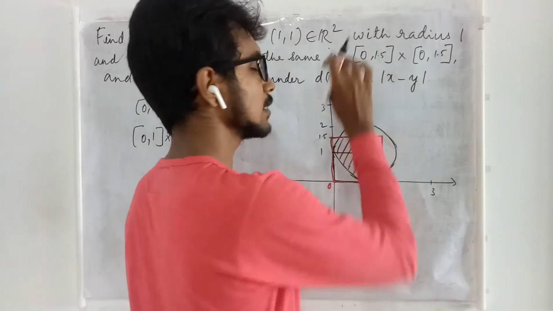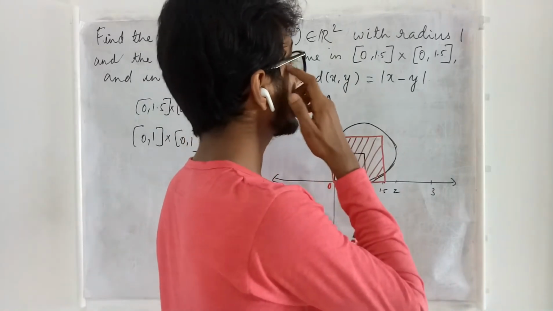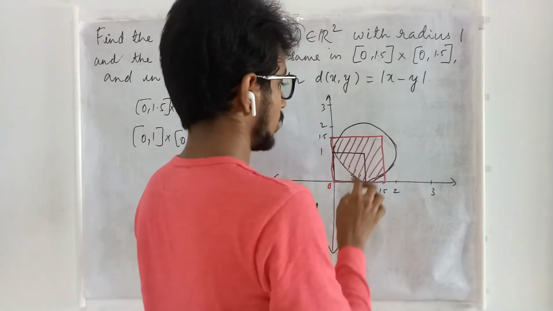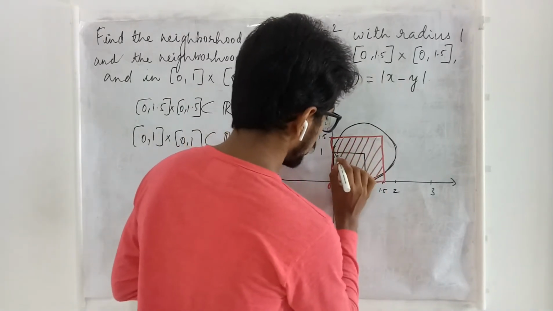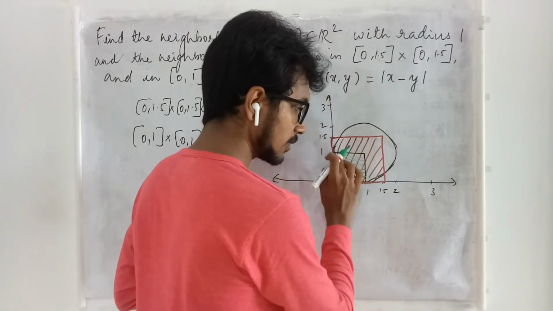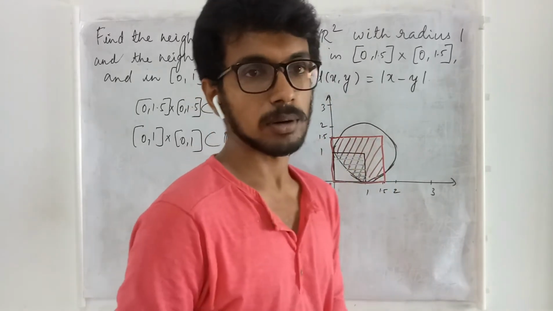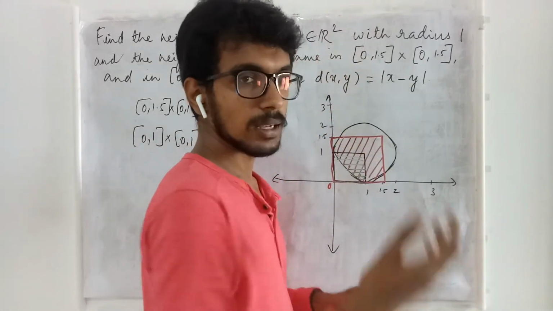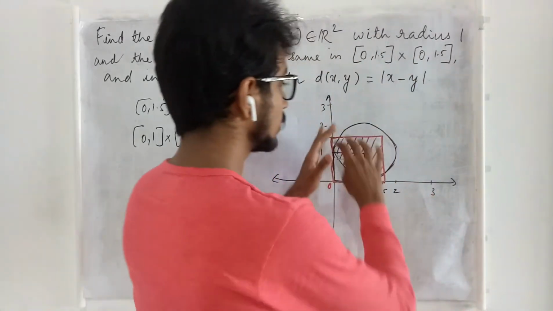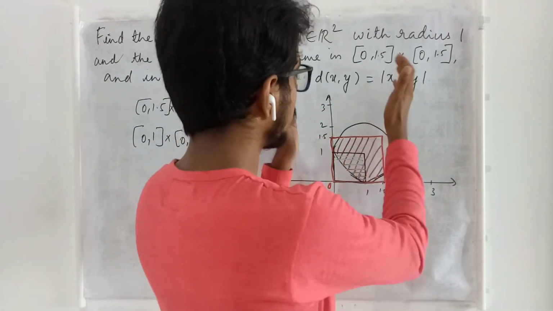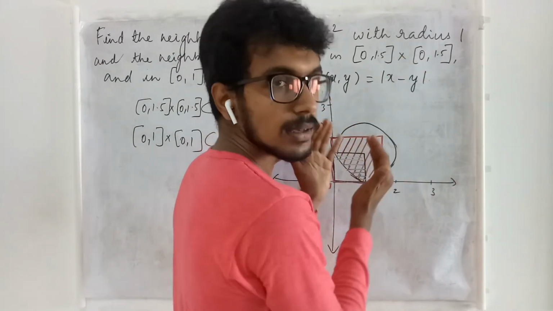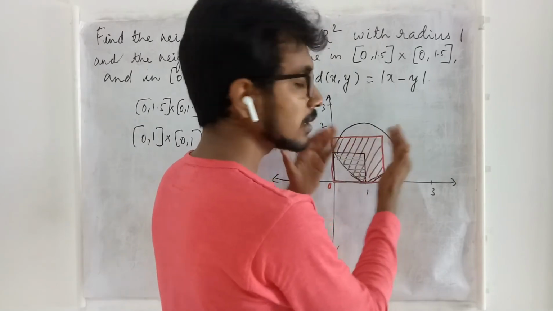Here is your center and you are asked to find the neighborhood with this radius. This is going to be only this region. Here the boundary is excluded, these boundaries are included, because when you find the neighborhood in the entire R2, what you get is this entire circle.